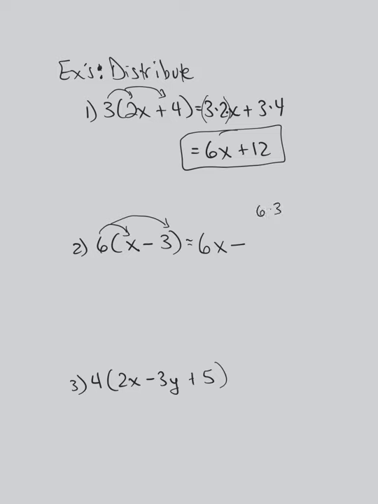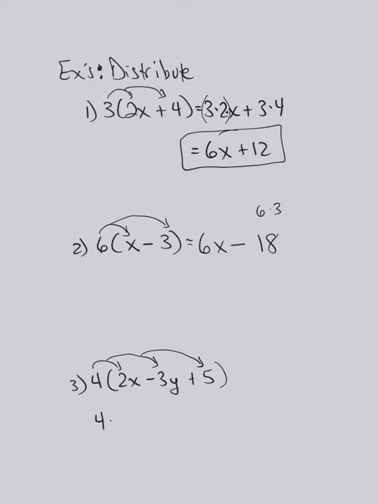You could write 6 times 3 and then get the 18. A lot of people at least get to the point where they can just multiply those and go straight from here to there. And then, like I said, if there are more than 2 terms inside the parentheses, the principle works the same. You just distribute over all of these. Now notice here I'm subtracting and here I'm adding, so I just keep those in there.